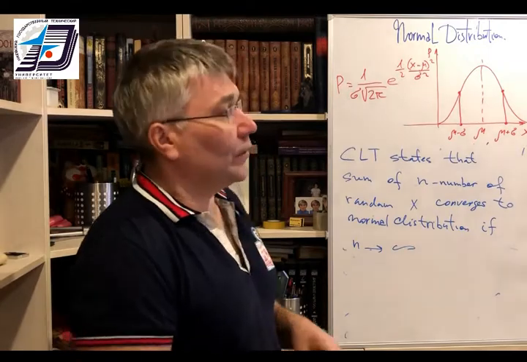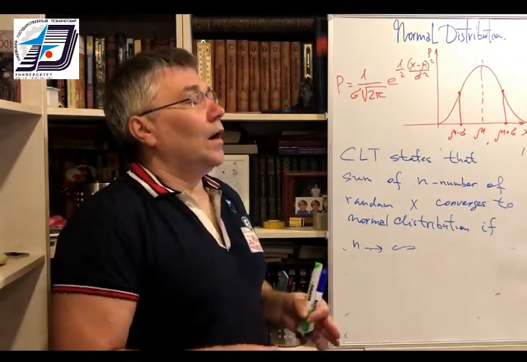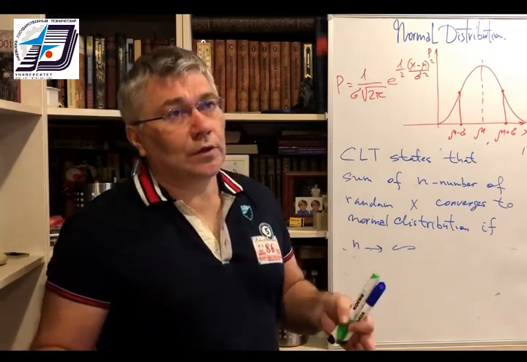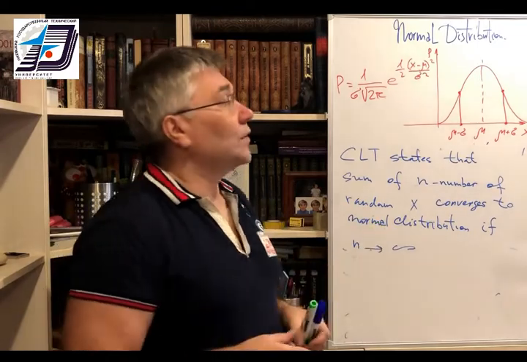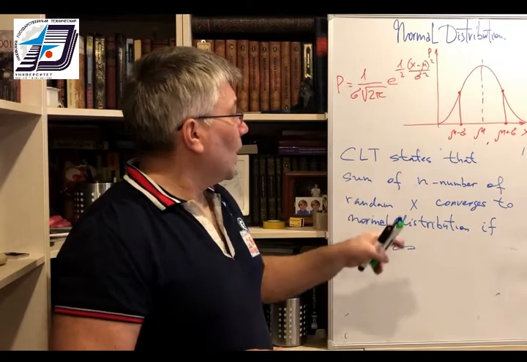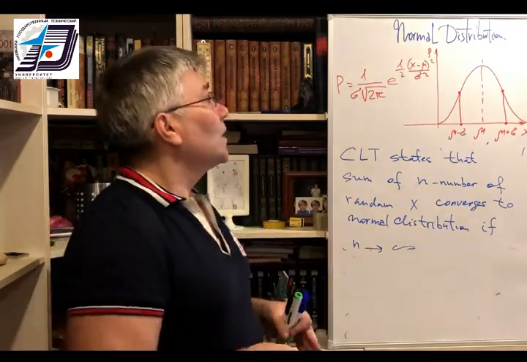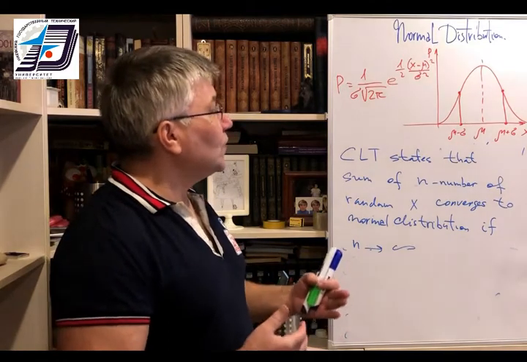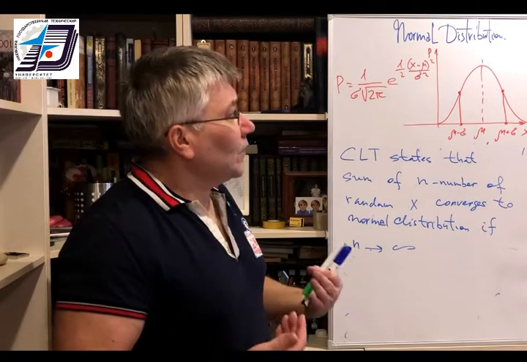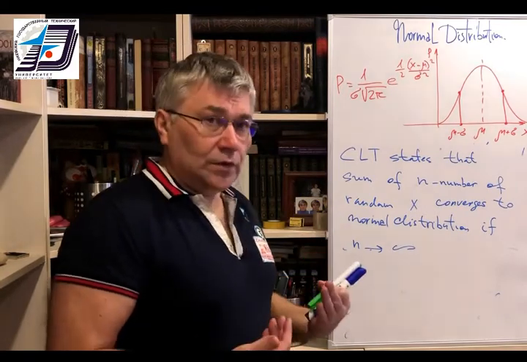So if you make a very large number of experiments and consider the summation of these random variables which you get through your experiments, their sum has a distribution very close to the normal distribution. Since then this distribution has become very important in statistics, and it is even considered a reference distribution.